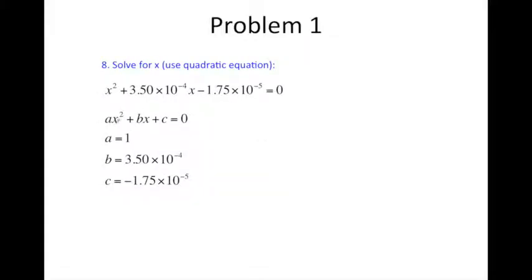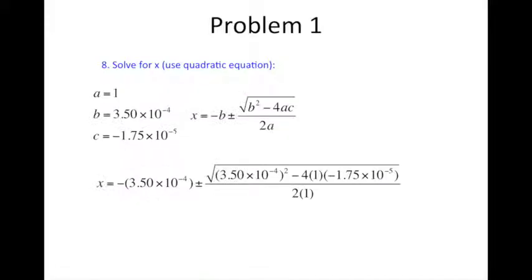Now that we have it in our quadratic equation form, we know that our A value is going to be 1. Our B value is positive 3.50 times 10 to the minus 4. And our C value is negative 1.75 times 10 to the minus 5. We'll plug those into the quadratic equation and solve for our two values.